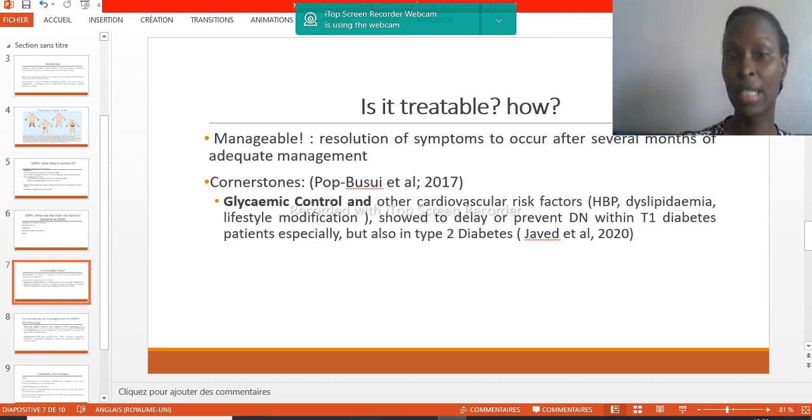Of course, there are glycemic control and the control of other cardiovascular risks like high blood pressure, dyslipidemia, lifestyle modification that would work on alcohol and tobacco, and also obesity. These components have been shown to either delay or prevent diabetic neuropathy, especially within type 1 diabetes.